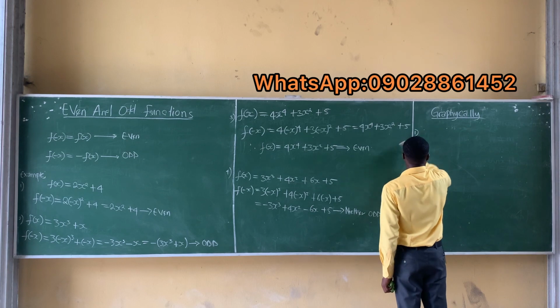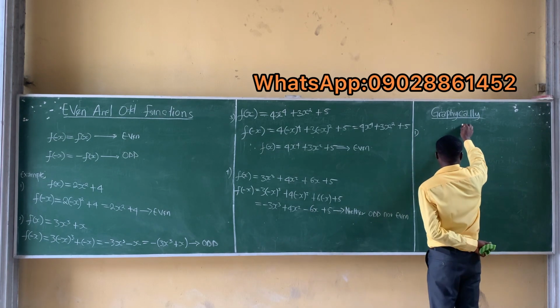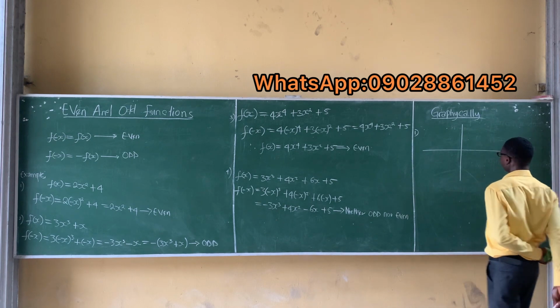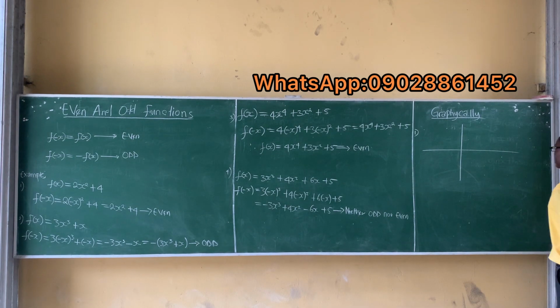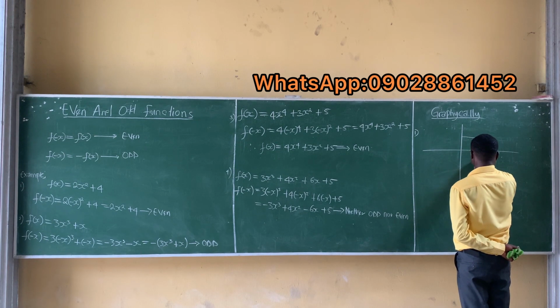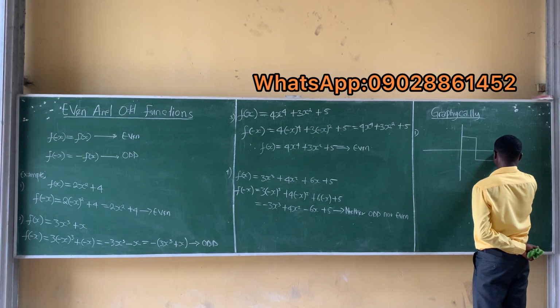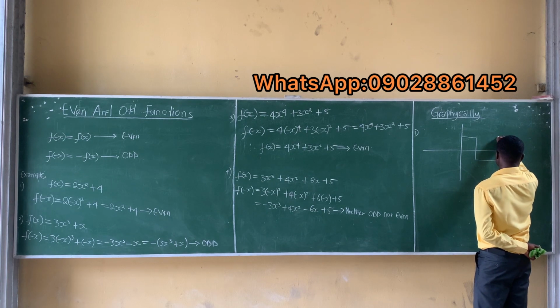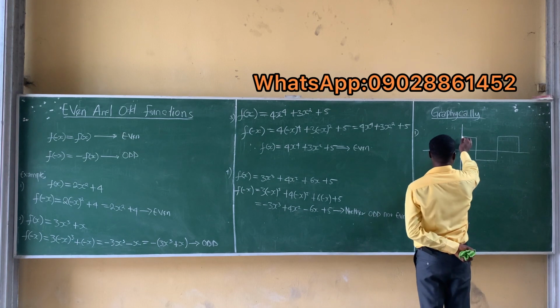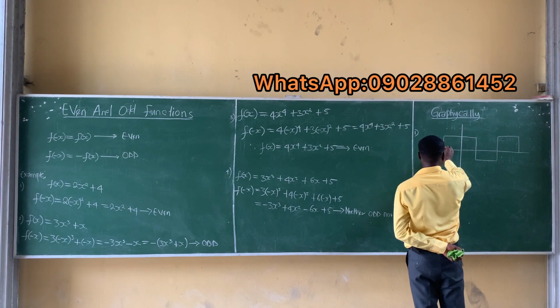So the first one there is, let's assume we have something like this here, going this way. Just going like that. And we have another here, going like that.